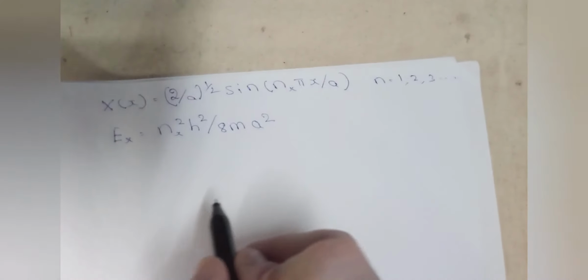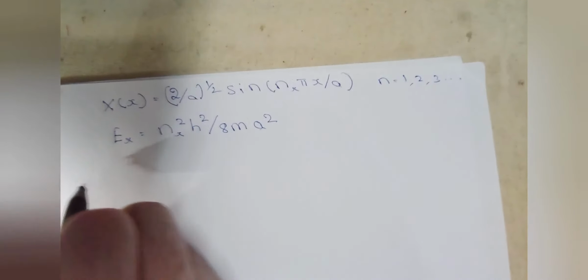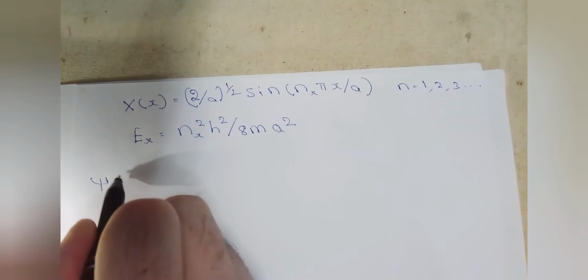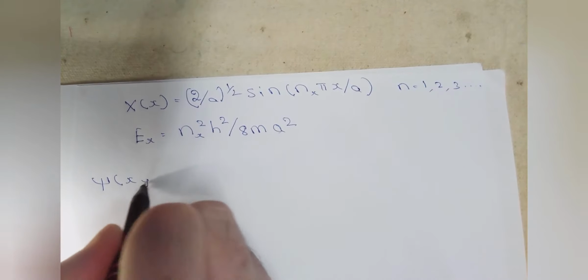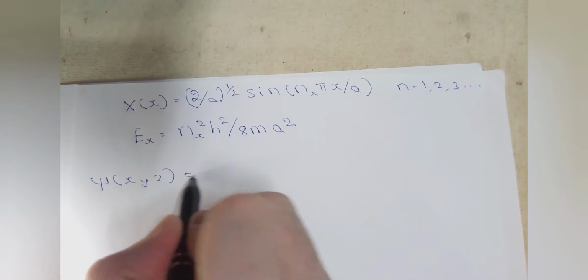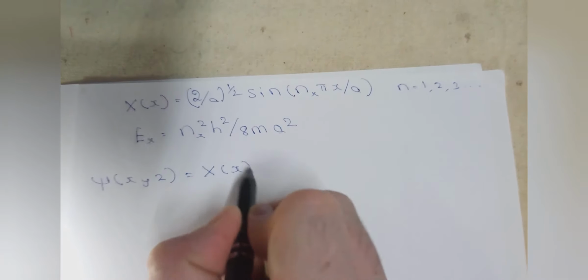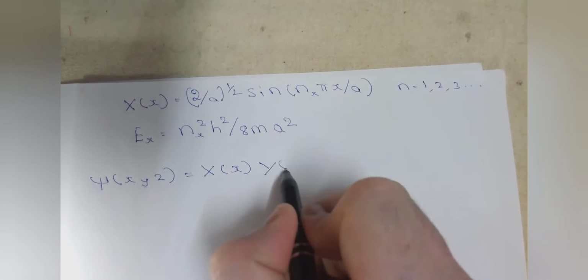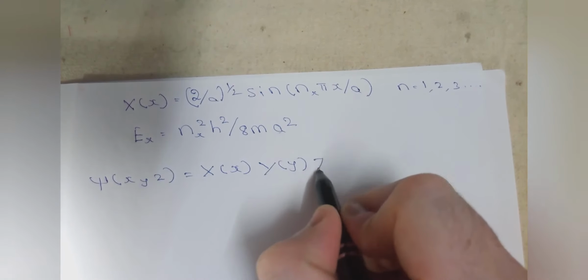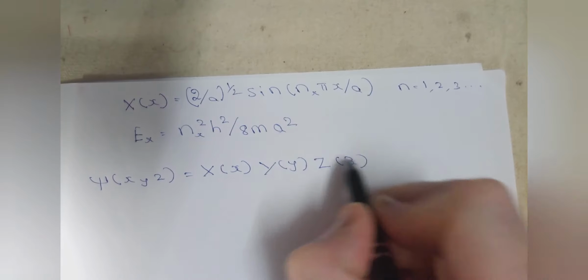So therefore the total wave function ψ(x,y,z) is nothing but X(x) Y(y) Z(z).